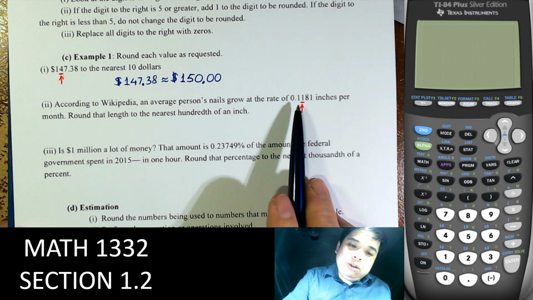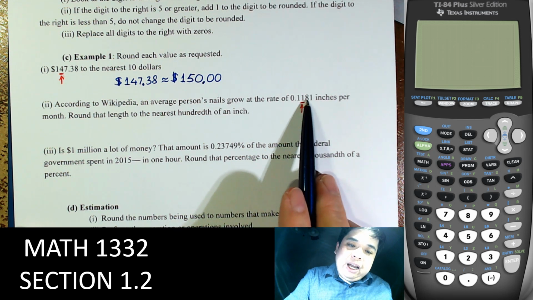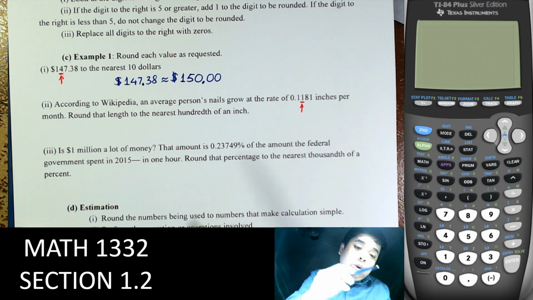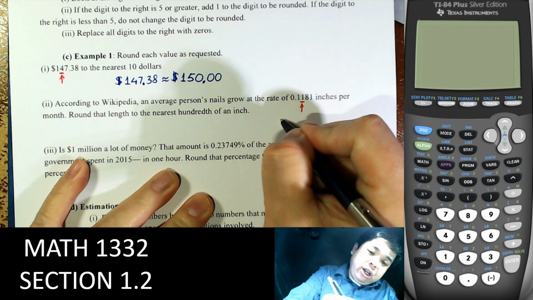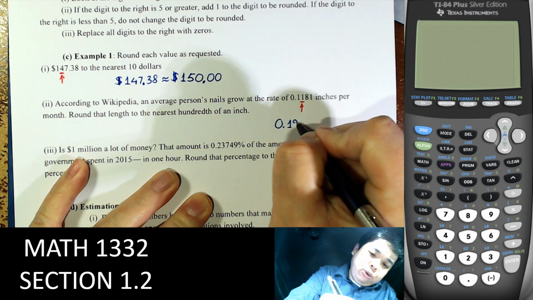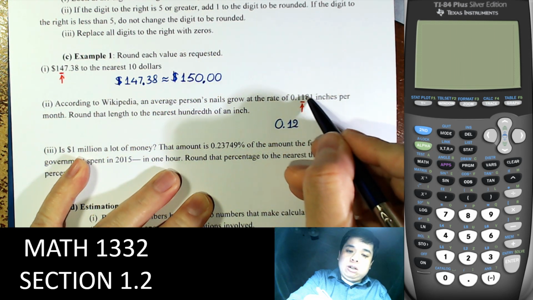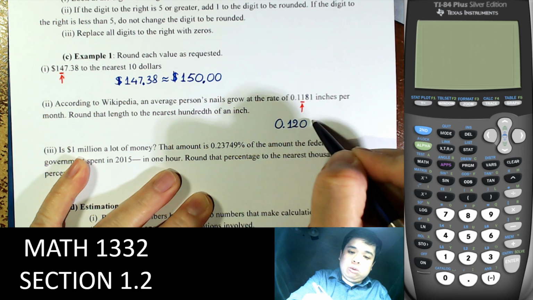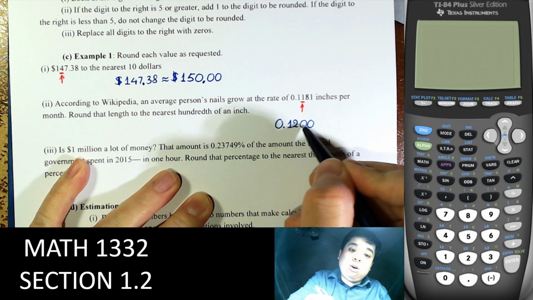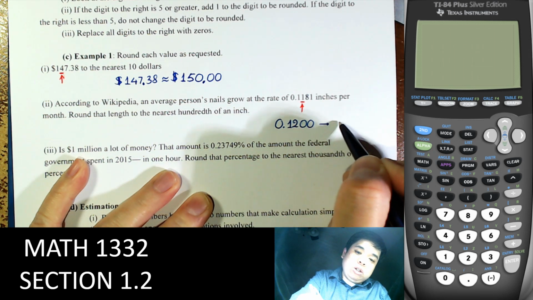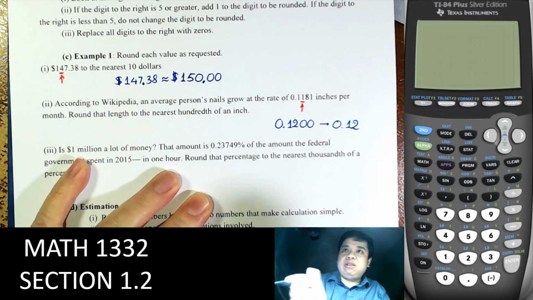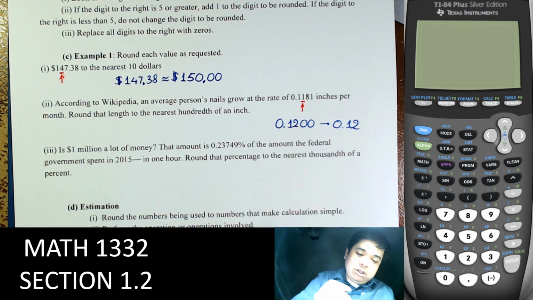We round to that, and the digit on the right is bigger than 5, so we round up. So we have 0.1 rounded to 2, and the others we replace with 0. However, these are trailing zeros after the decimal point, so we just say 0.12. That will be enough. We don't have to write the zeros.